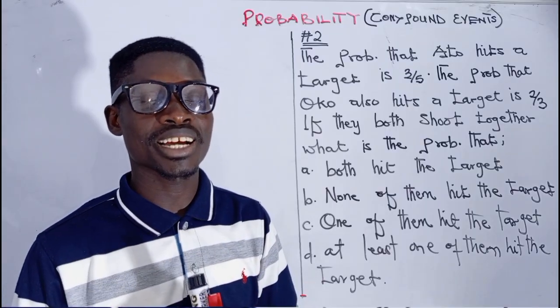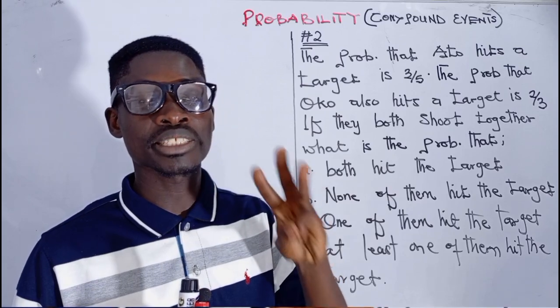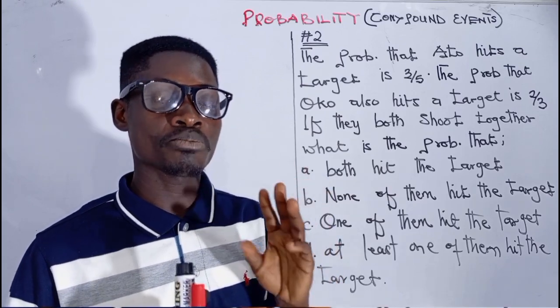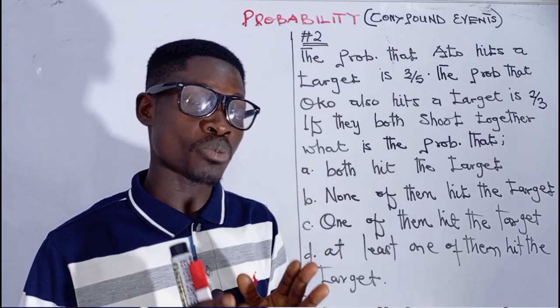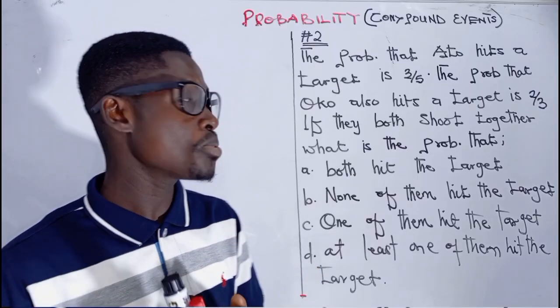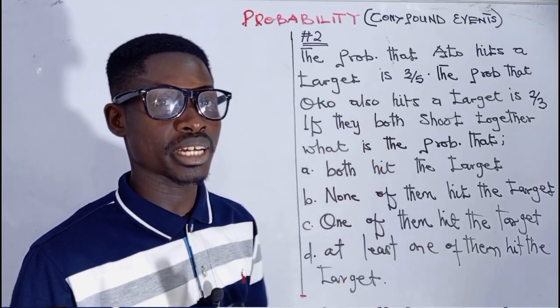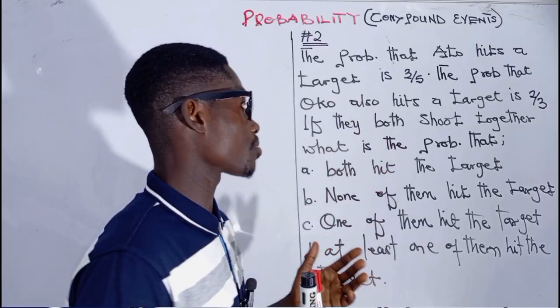Fortunately for my students, I have done very detailed video lessons on all of these three rules and laws of probability. If you haven't watched them, kindly go back and watch them before you start looking at these questions on compound events.